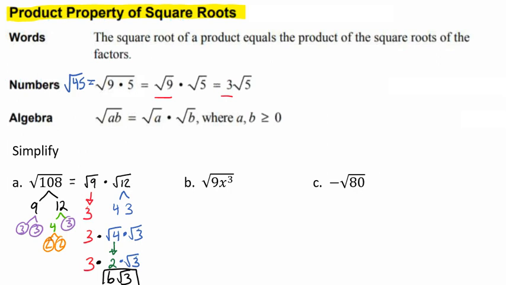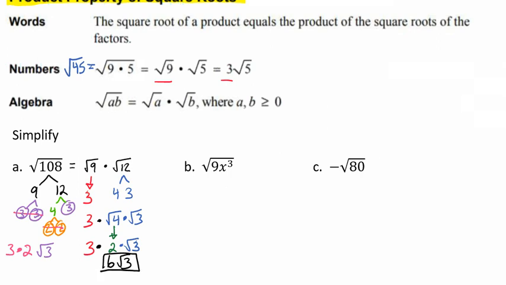So because we're doing a square root, we're looking for groups of 2. So here we have a group of 3's, and we have a group of 2's, but we have a lone 3 that doesn't have a partner. So we'll have a square root of 3 there. And that's going to give us a final answer of 6 radical 3. So notice that either way you do it, you get the same answer.